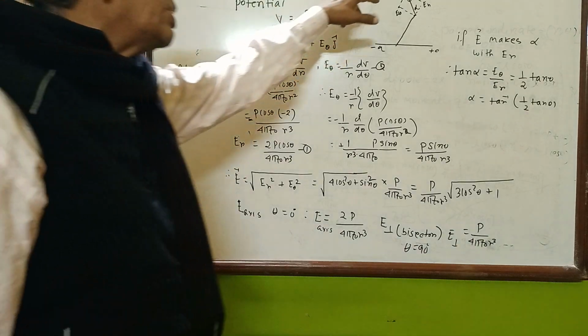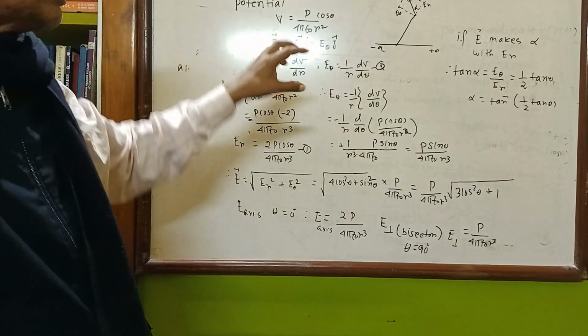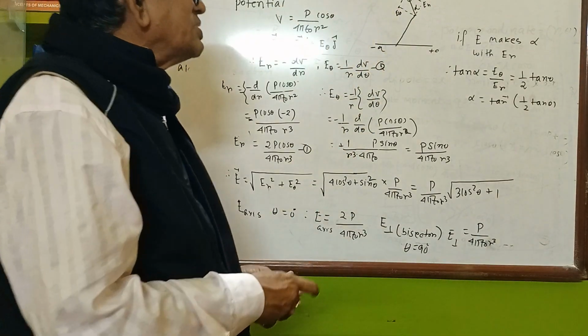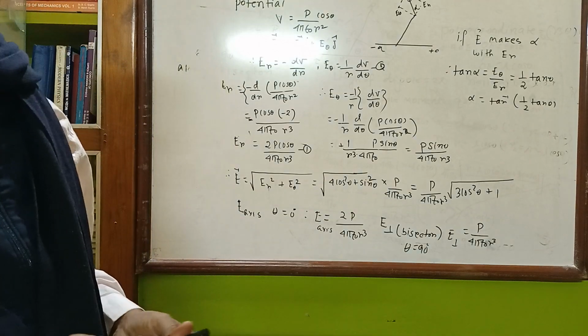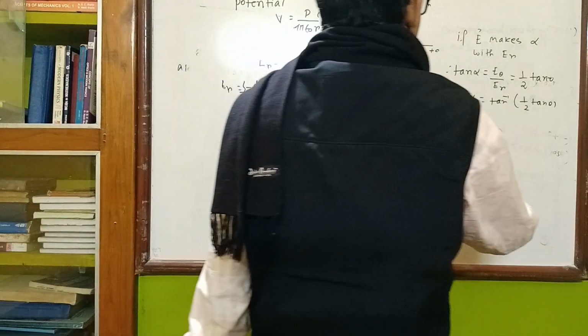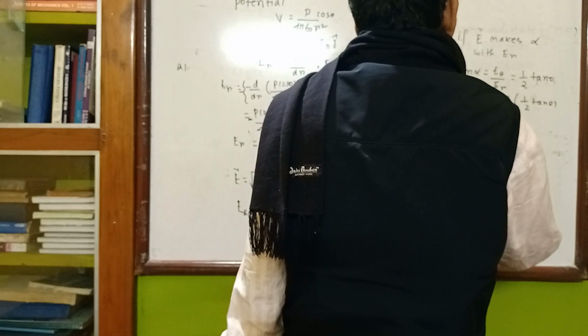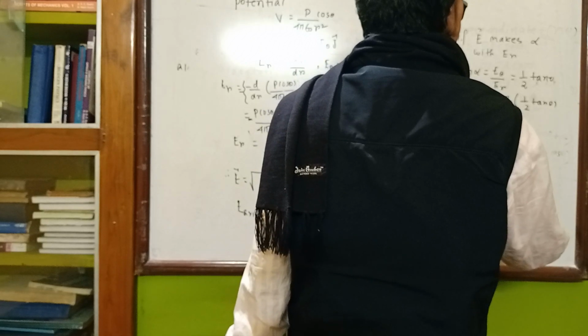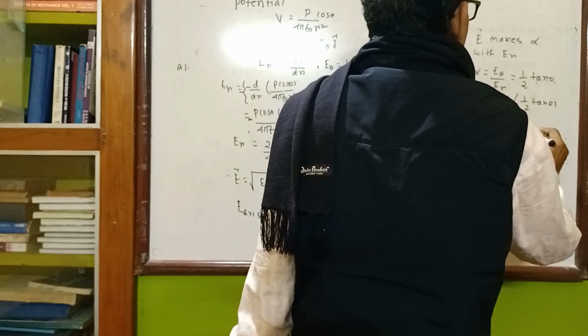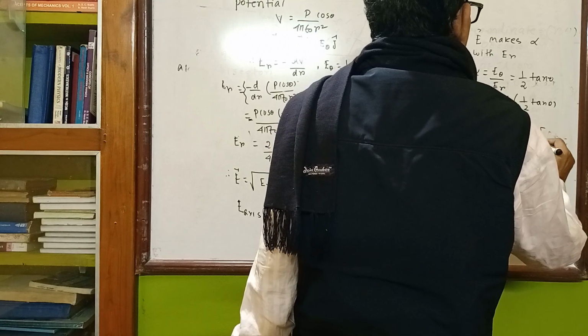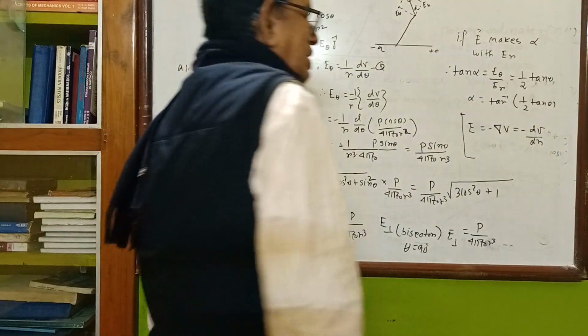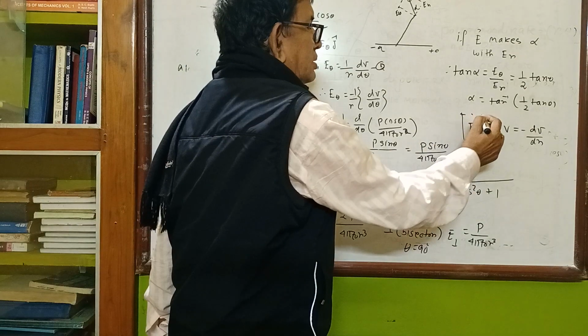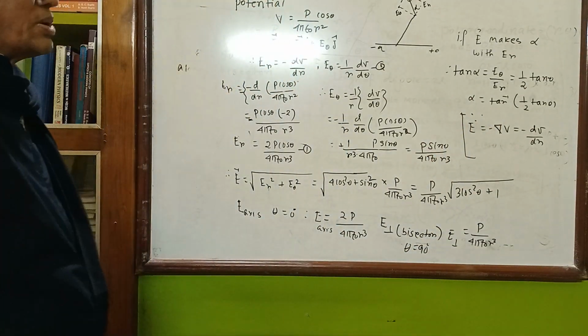So first I calculated the potential for the dipole. After that, from the expression of potential, you know the electric field is a conservative force field. So we have used the formula E equals minus gradient V, or you can write dV by dr. This concept I used here for polar coordinates.